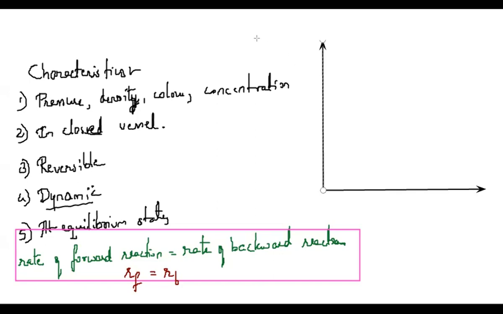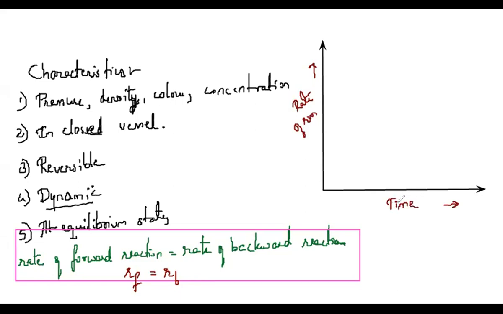This is the rate of reaction. Rate of reaction means what? The reaction occurs with what velocity, what speed you can say. And this is time, or you can call it progress of reaction also.